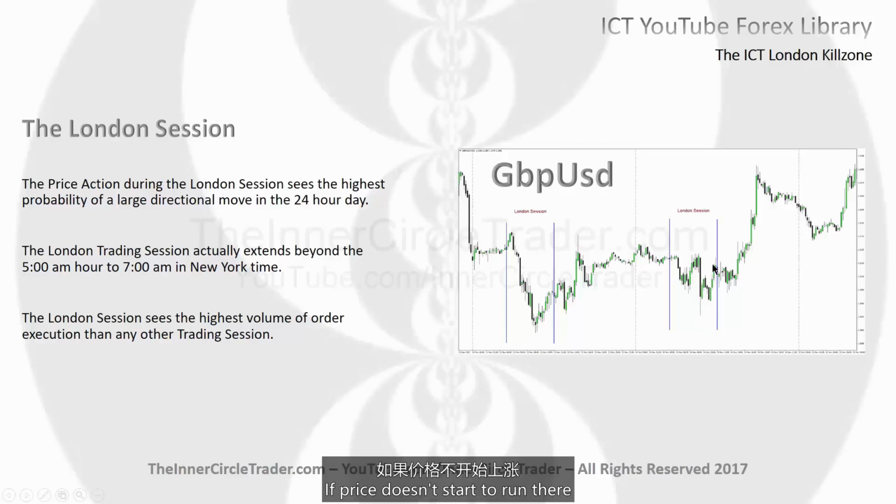If price doesn't start to run there during the London session, we could reasonably expect that the real move is going to be in the next trading session, which would be the New York session, which is not going to be our teaching here. It's the next lesson in this series.